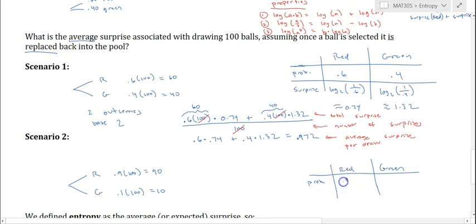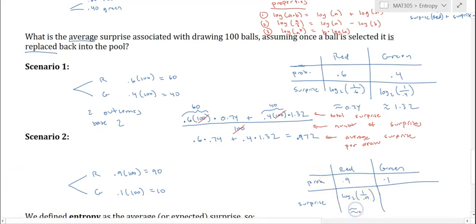Probabilities in this table, 0.9 and 0.1, and the associated individual surprises, which would be the log base 2 of 1 over 0.9. Log base 2 of 1 over 0.9 comes out to about 0.15.